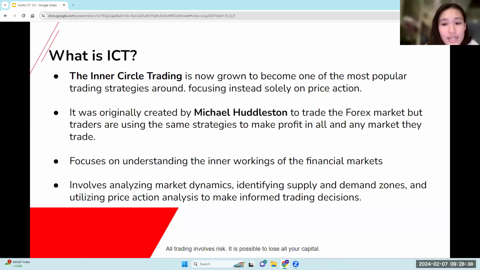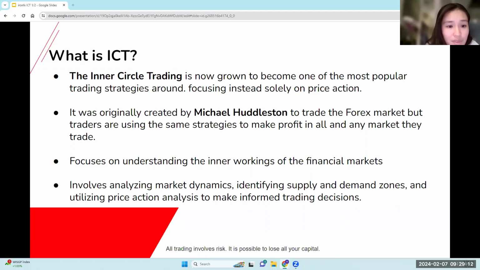It involves analyzing market dynamics, identifying supply and demand zones, and utilizing price action analysis to make informed trading decisions. It has now grown to become one of the most popular trading strategies around, focusing solely on price action. It was originally created by Michael Huddleston to trade the Forex market, but currently traders are using the same strategies to make profit in all and any market that they trade.